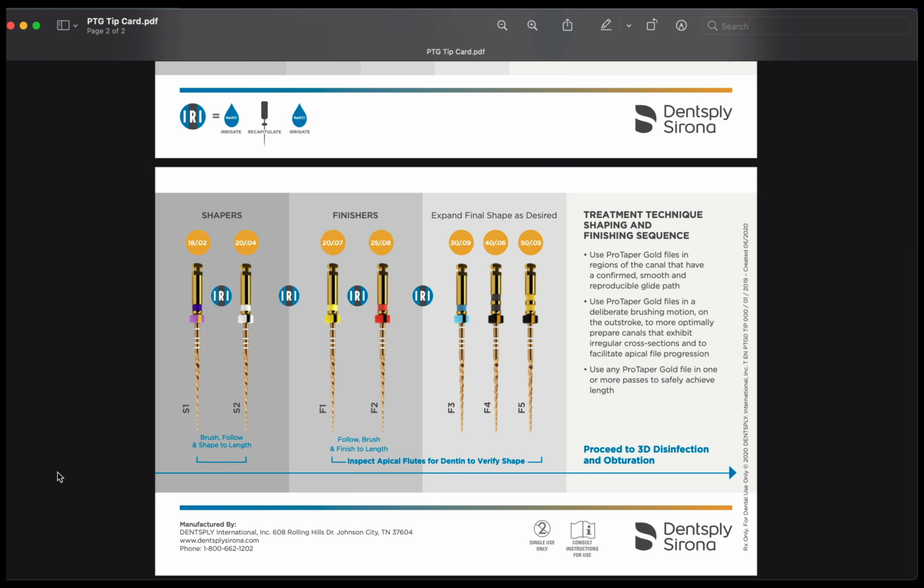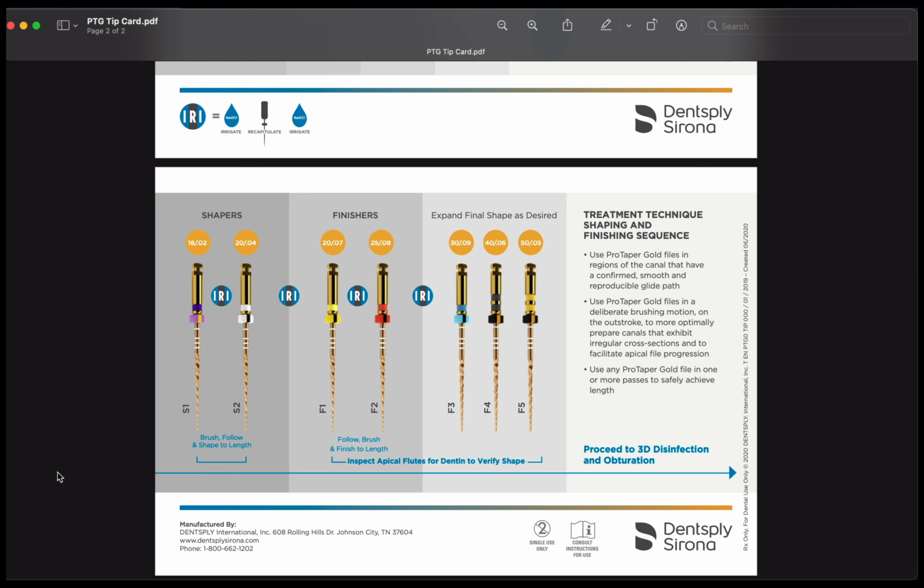Now, in terms of who this system is really dedicated for, in my opinion, if you're going to handle more straightforward cases, like your bigger canals, and not really get into your more tiny little canals that you might find in your molar teeth, then you may want to consider the ProTaper Gold system, because it's a relatively easy system to learn, number one.